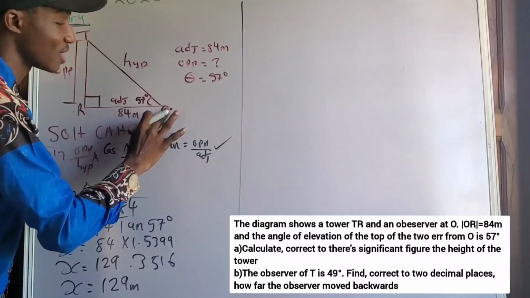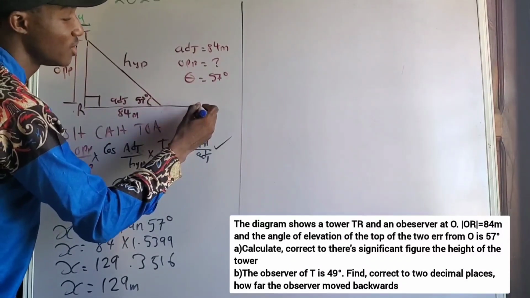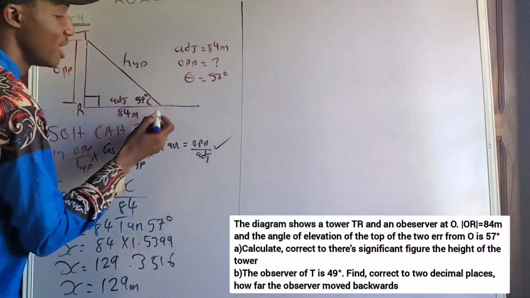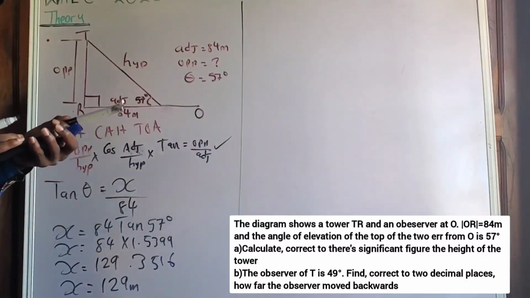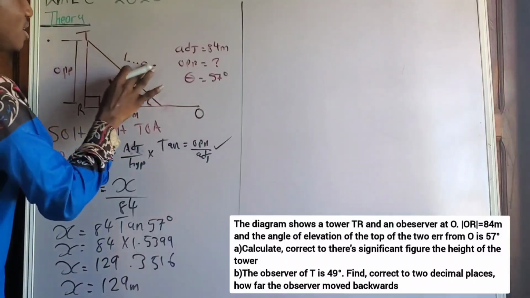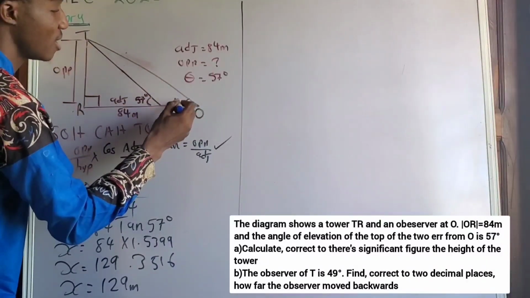So the observer moved backward from this point to this point, until the angle here is 49 degrees.